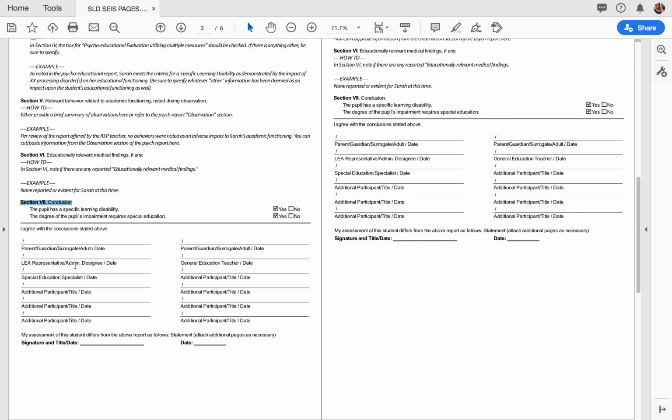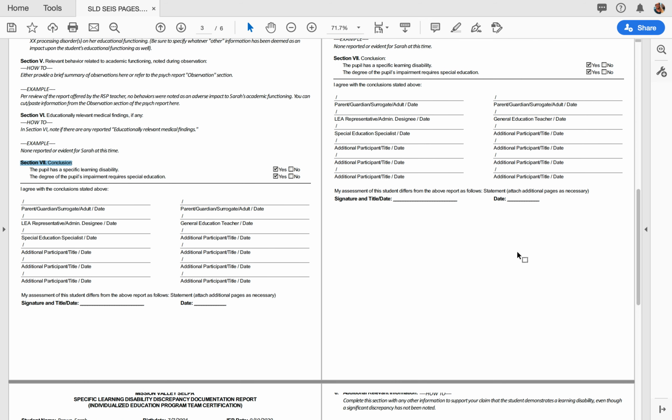If there's a dissenting team member, and he or she could not sign on the line at the end of the worksheet to indicate that their assessments differ from the above report, it would need to be included in a written statement. So if you see my assessment of the student differs from the above, they would sign. All right, guys, I hope this helped.